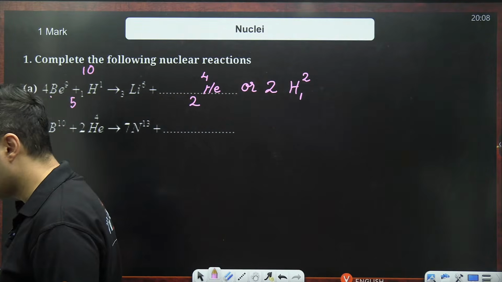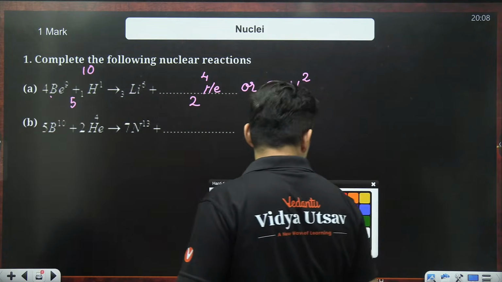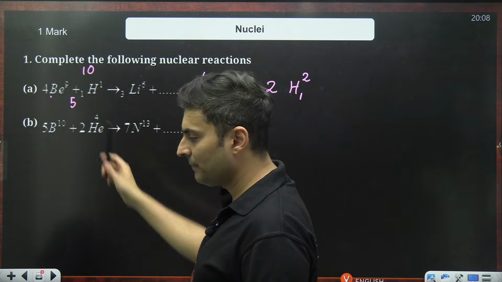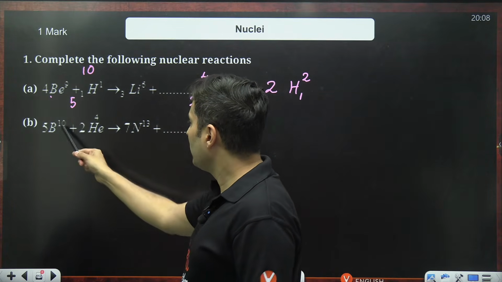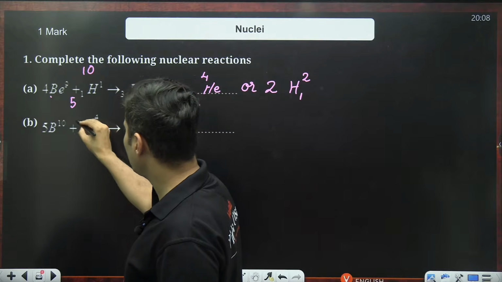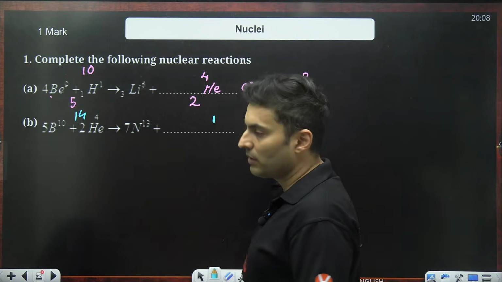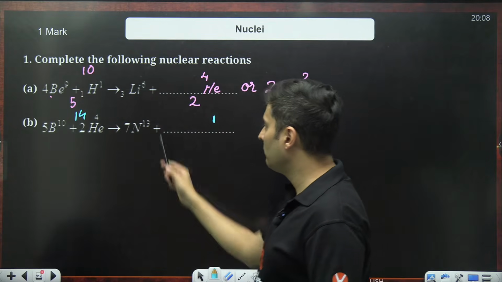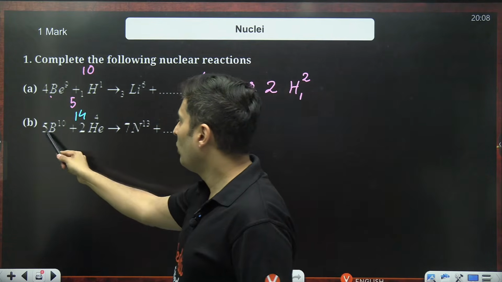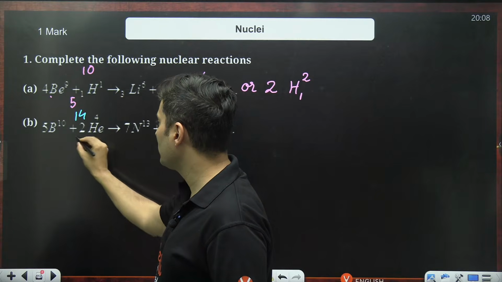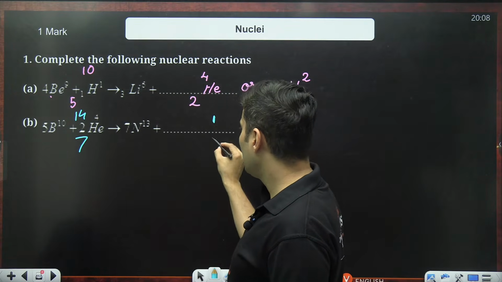Yes. Perfect. Similarly, let's go back to this one. Now here 10 and 4 is there. 10 plus 4 is 14. Here 13 is there. So only one thing is left, so number 1 will come. 13 plus 1 is 14. Boron 5, helium 2. 5 plus 2 is 7. So already 7 is there, so nothing can come.